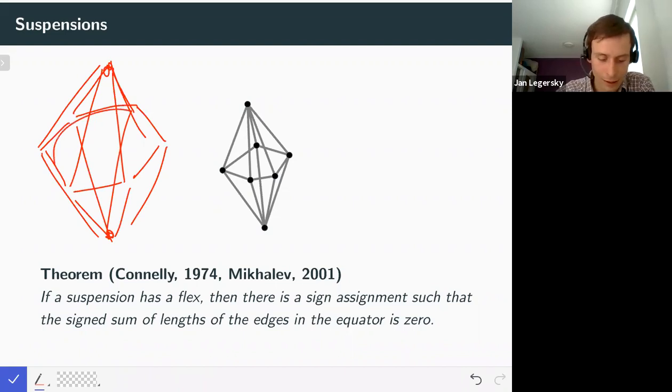And this cycle is sometimes called the equator of the suspension. Bob Connelly showed in 1974 that if a suspension is flexible, there is a sign assignment to the edges on the equator, such that if we sum up the lengths of these edges with these signs, we get 0.